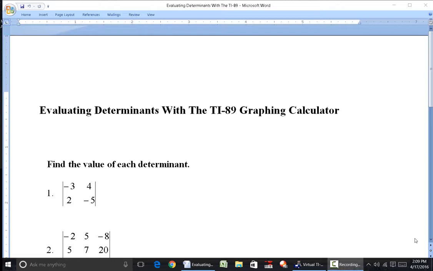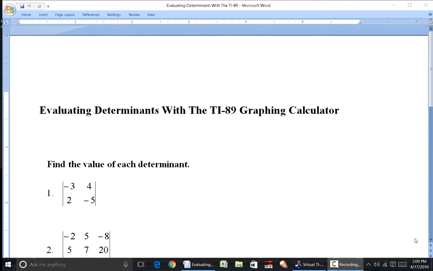In my last video, I went over how to find the multiplicative inverse of a non-singular matrix. I mentioned that a non-singular matrix is one where the determinant of that matrix is not equal to 0. Well, every square matrix has a number associated with it.